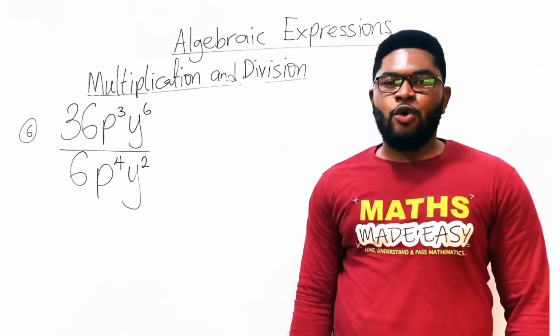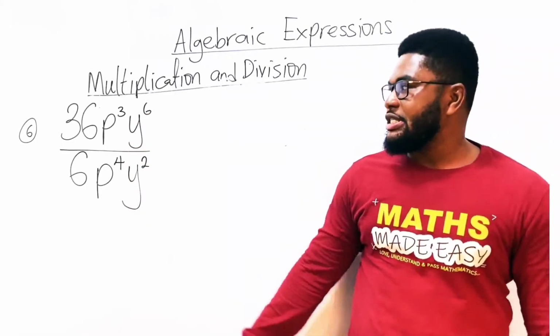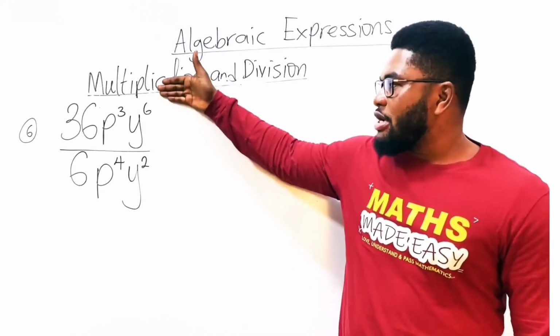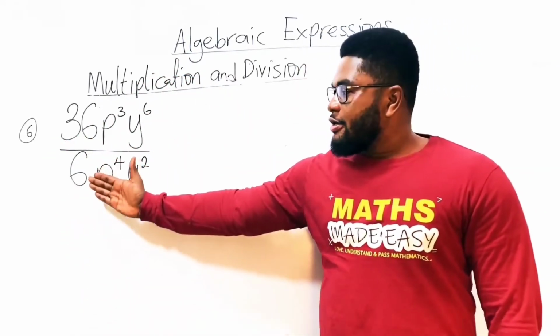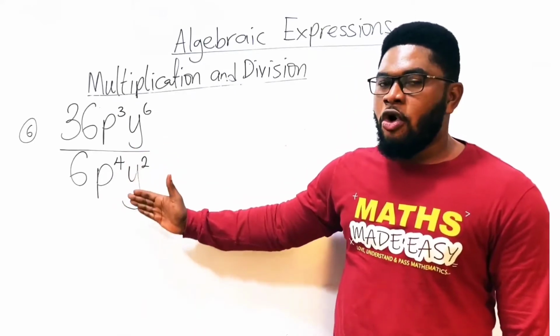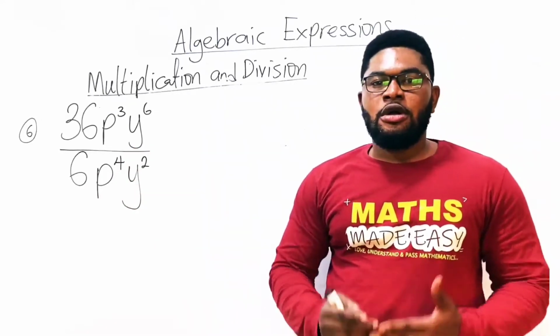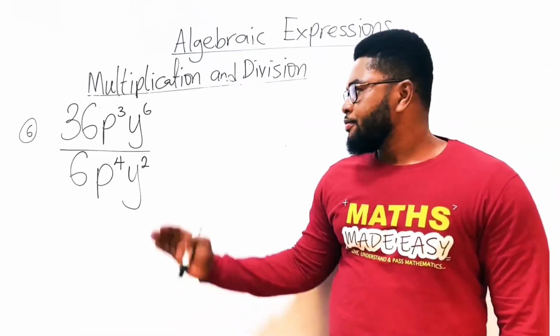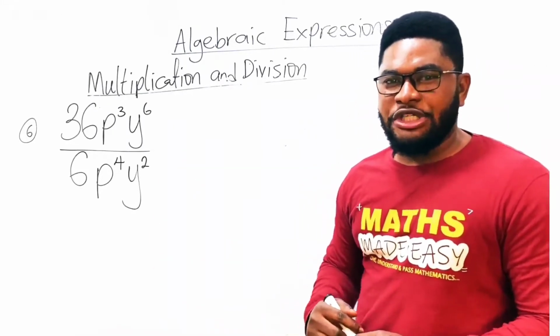Let's take a look at question number 6, which says 36p raised to the power 3 y raised to the power 6, all divided by 6p raised to the power 4 y raised to the power 2. Let's use the cancellation method to make it simpler. So we have to rewrite the question again.